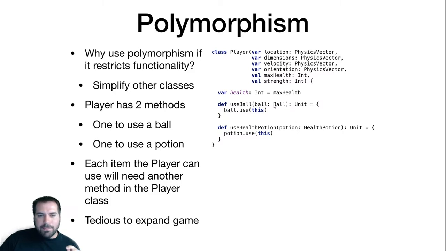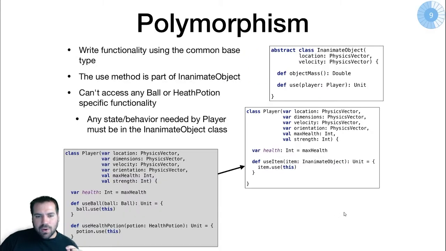So I'm going to combine these methods into one method called useItem instead of useBall or useHealthPotion. We're going to call it useItem, and instead of having it take a ball or a health potion, I'm going to have it take an inanimate object as its parameter. Now I only need one method. I can only treat the parameter as an inanimate object.